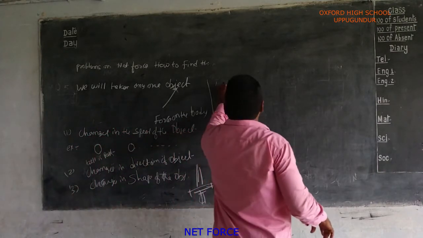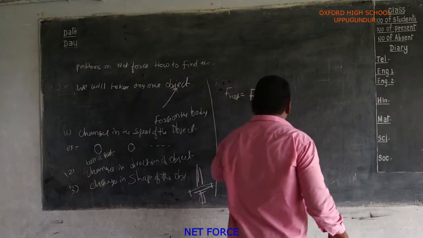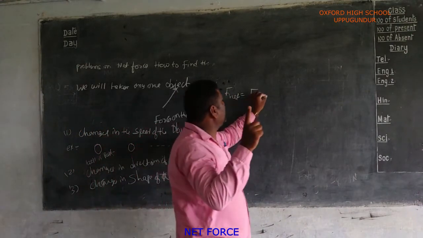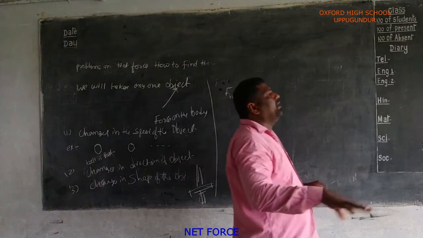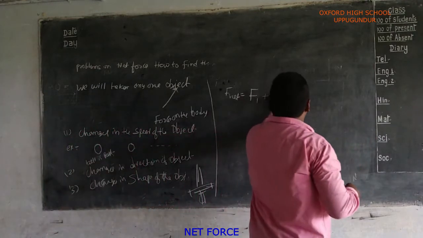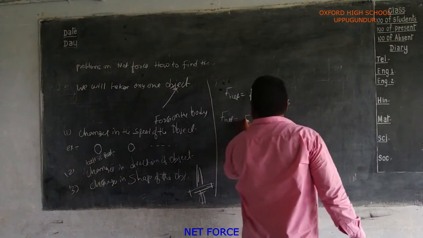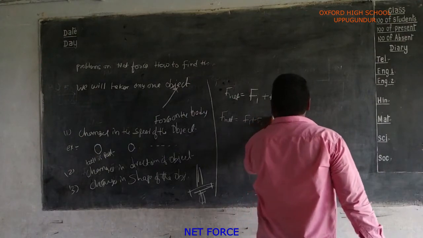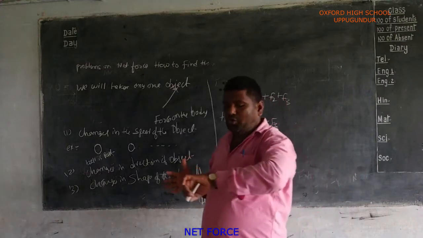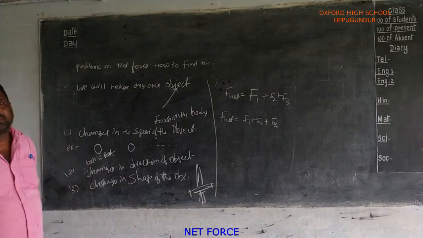Here, taking the first rubber band, the force is F1. Taking two rubber bands, the total force is F2. Taking three rubber bands, the total force is F3. So F net is equal to F1 plus F2 plus F3 and so on. These are examples of how to find the net force.